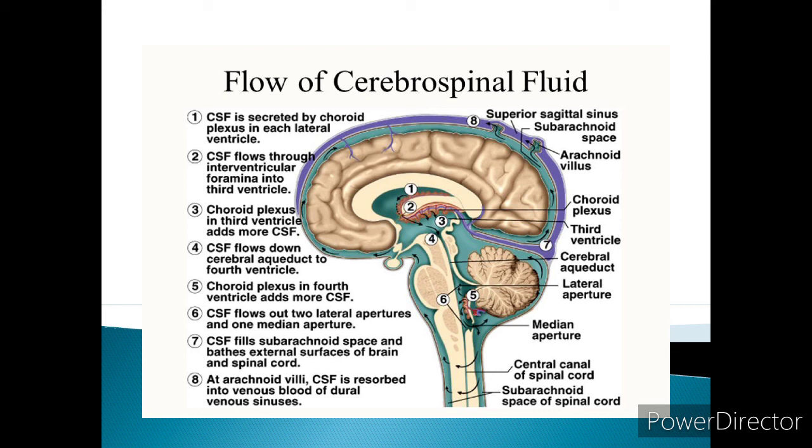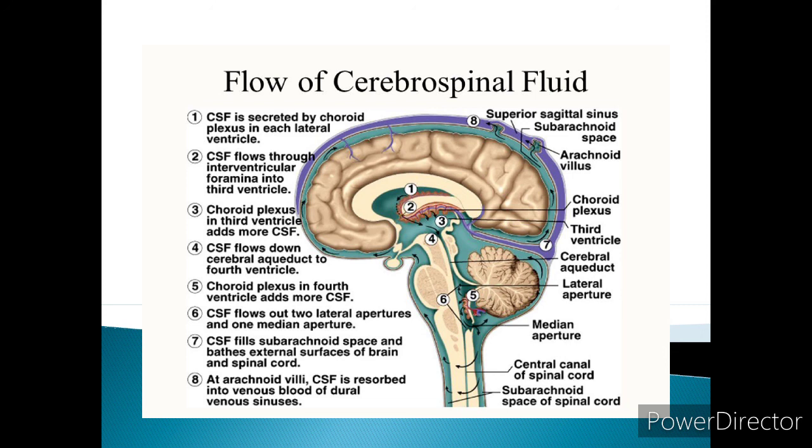The choroid plexus in the third ventricle adds more CSF, and the CSF flows down the cerebral aqueduct to the fourth ventricle. CSF flows out through two lateral apertures and one median aperture, and it fills the subarachnoid space and bathes the external surface of the brain and spinal cord. At the arachnoid villi, CSF is reabsorbed into the venous blood of the dural venous sinus.